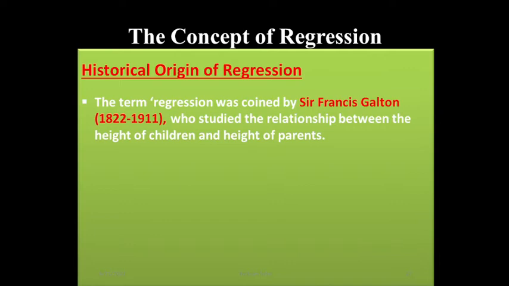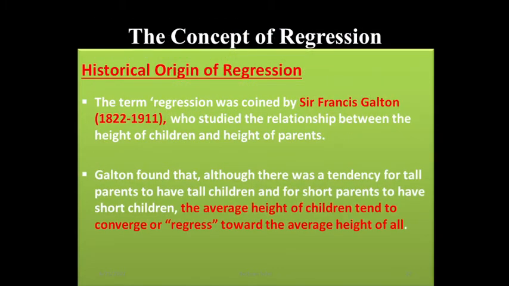Galton found that although there was a tendency for tall parents to have tall children and for short parents to have short children, the average height of children tended to converge or regress toward the average height of the whole population. This research gives the origin of regression for econometrics. So regress means to go on average backward a step.